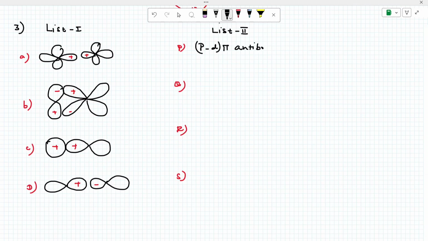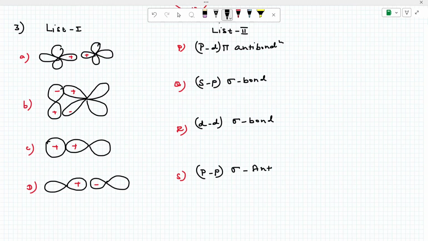Match the following. Antibonding. Second, sp sigma bond. And third, dd sigma bond. And pp sigma antibonding. Tell me the answer, students, we discussed it in the last class.